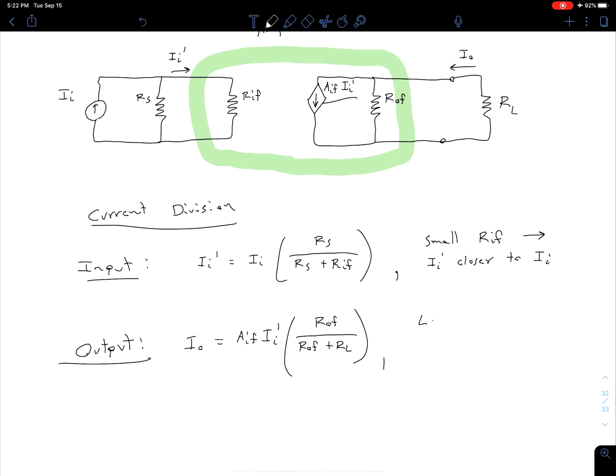And what we see here is, remember, we had a large R sub OF. That means this output current is going to be closer to the value coming out of this dependent source. Another way to interpret that is that our output current is going to have less dependence on our output resistance, which in general is a desirable thing. So hopefully you have a better idea now of how to use these equations in order to analyze these two ideal feedback topologies.